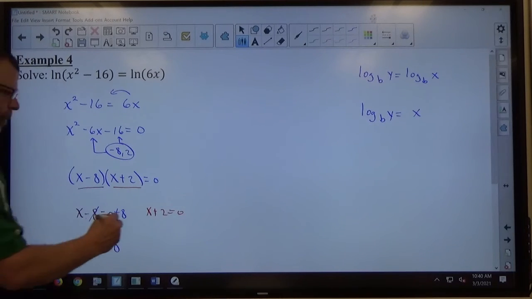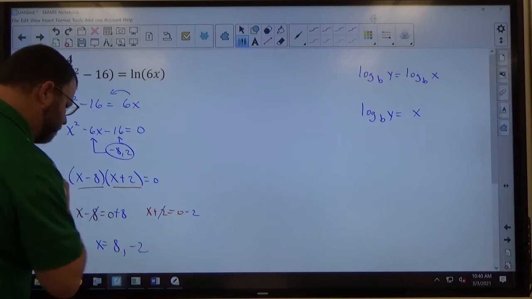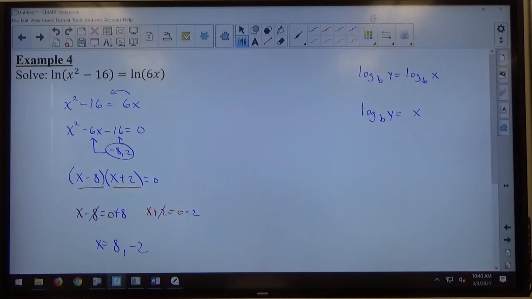If x plus 2 equals 0, I slide the 2 to the other side. It becomes negative: 0 minus 2 is negative 2. When you have a lead coefficient of 1, whatever answers these are, you always get the opposite signed answers. But I do recommend going through the technique of the zero product property to keep that technique under control, because it's not always going to be the opposite numbers when you do factoring.